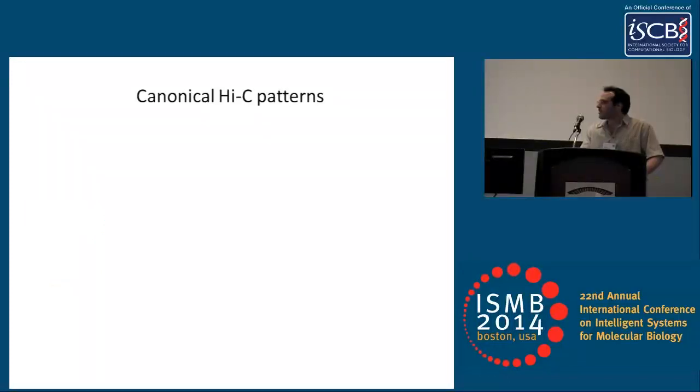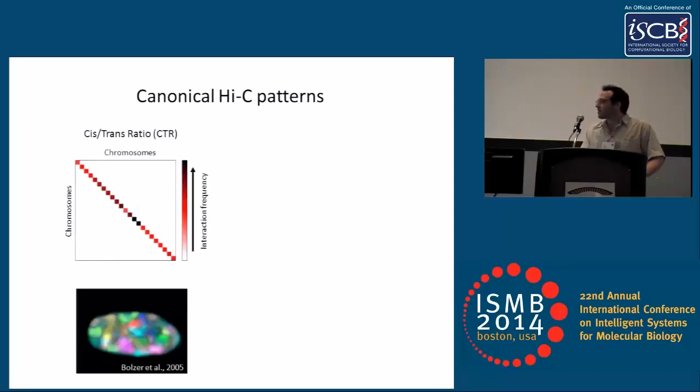So how does this relate to genome assembly? It turns out that there are canonical Hi-C patterns. In all the Hi-C experiments that we do, in all species, in all cell types, we see 2 patterns which are constant. Okay? And they're actually very annoying, because when you're interested in the biological signal, you're interested in the differences between the cell types or between the species and so on. So what are these signals?